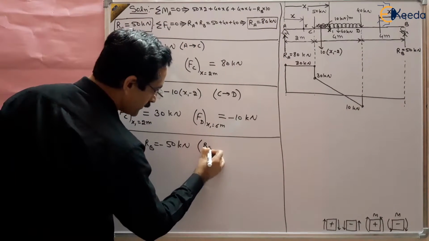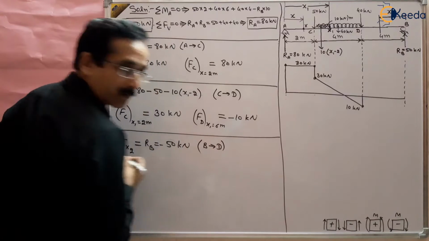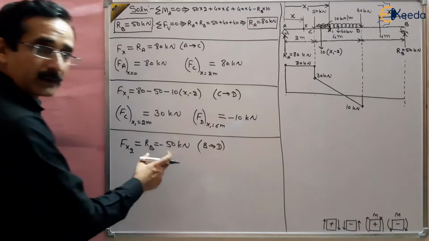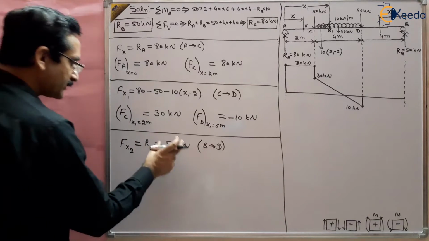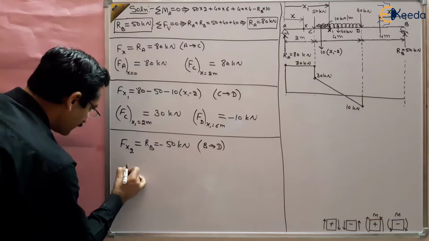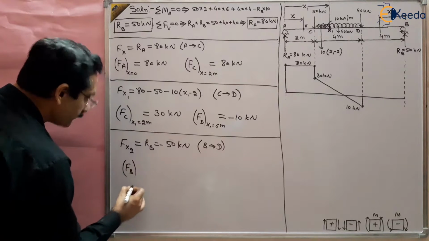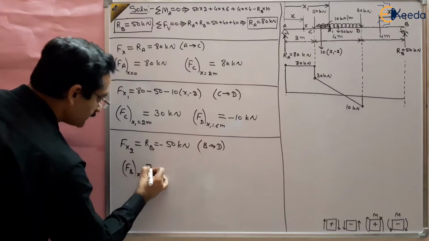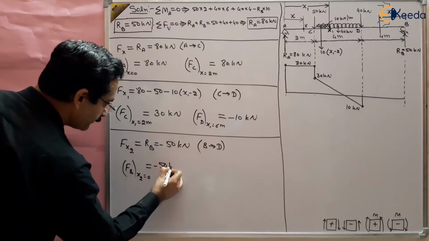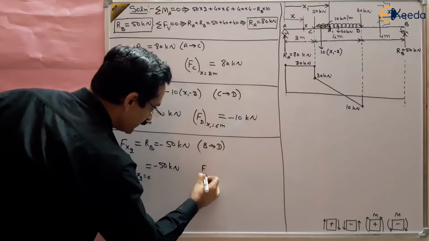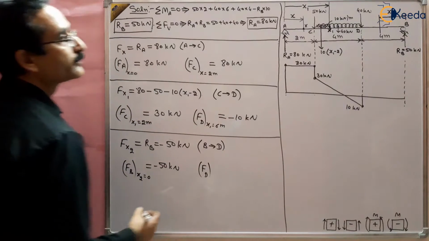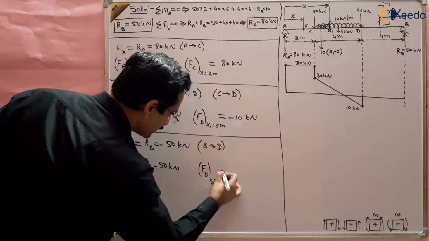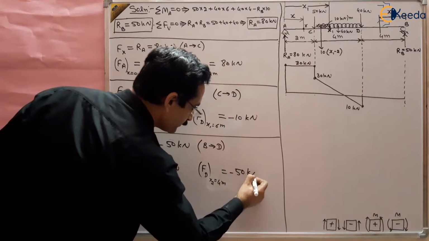It is valid from B to D, right? So from B to D, it is minus 50 kilonewton, and it is constant. So at B, which is at x2 equal to 0, this is the same minus 50 kilonewton, and at D, which is at a distance of 4 meters, this is again minus 50 kilonewton.